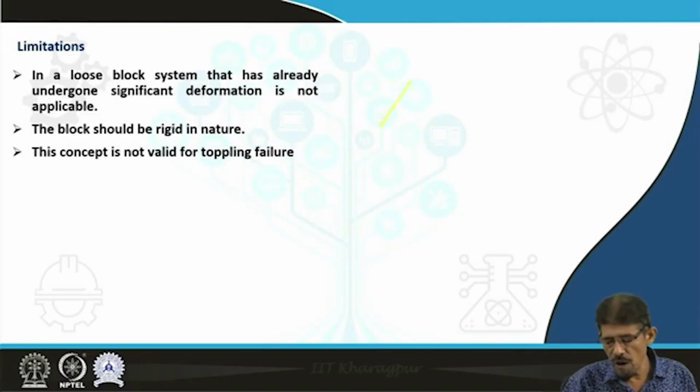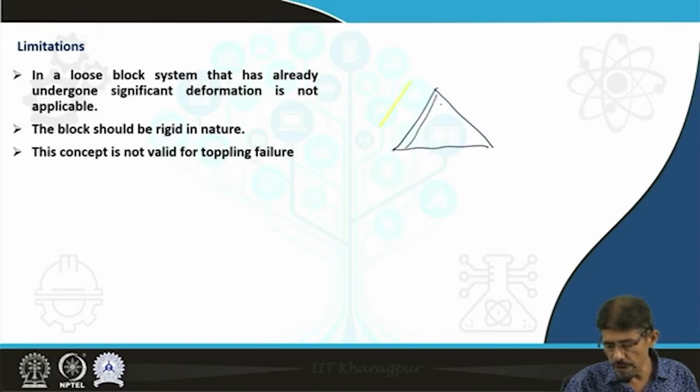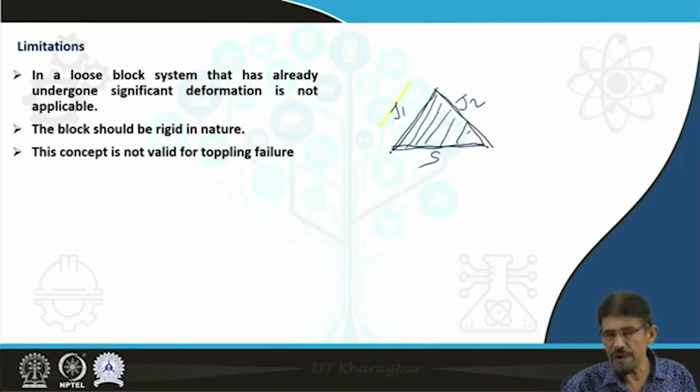The rock blocks form due to intersection of joints and the surface of the opening. This block should be rigid in nature.